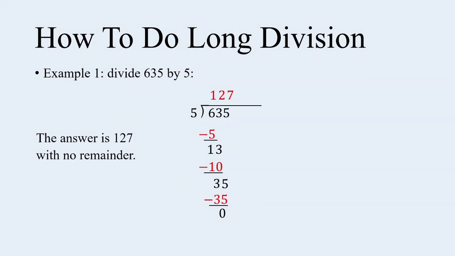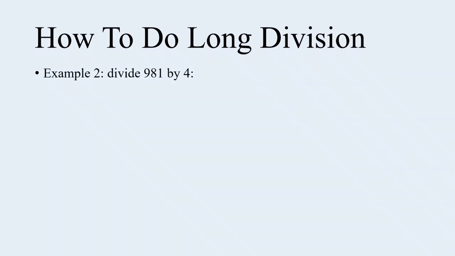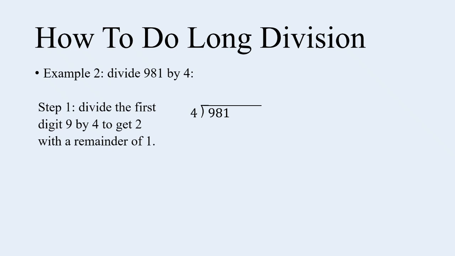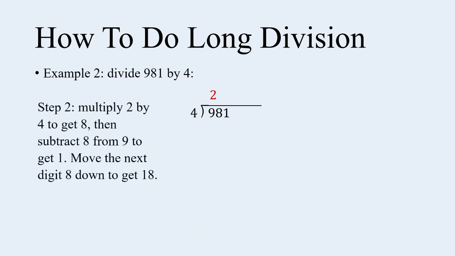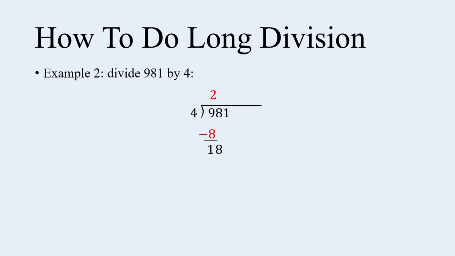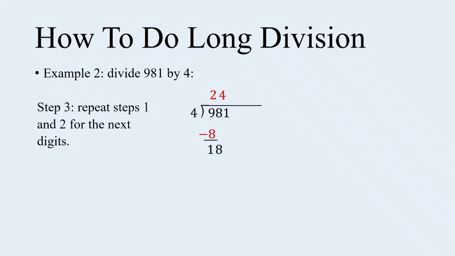Let's do another example. Let's say we want to divide 981 by 4 using long division. First, we divide the first digit, which is 9, by 4 to get 2, with a remainder of 1. Then we multiply 2 by 4 to get 8, and therefore subtract 8 from 9 to get 1. Then we move the next digit 8 down to get 18. Repeat this same process again and divide 18 by 4 to get 4 with a remainder of 2. Then multiply 4 by 4 to get 16, and therefore subtract 16 from 18 to get 2.